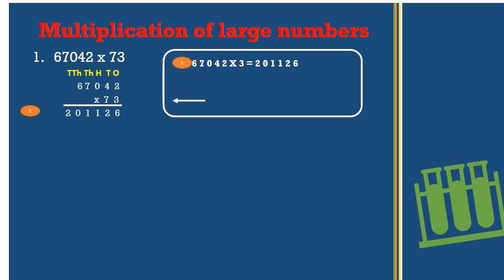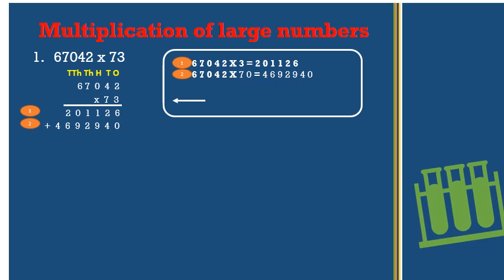Now in the second step, I am going to multiply 67,042 by 70. So my answer is coming as 46,92,940. So we will write this product in the second step.